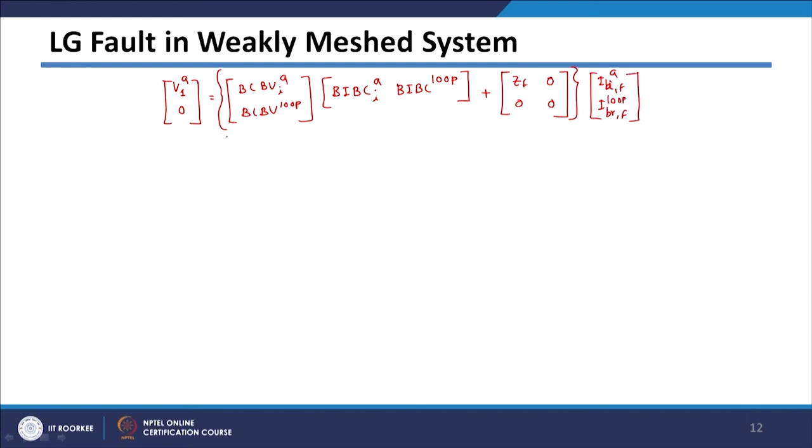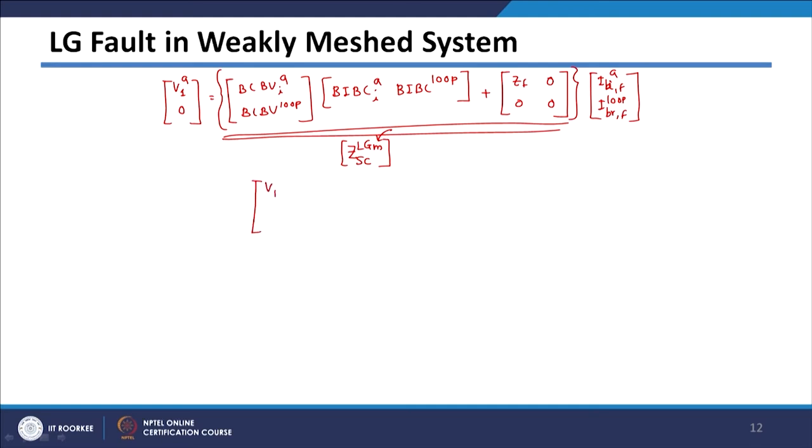I am calling this part of the matrix Z short circuit corresponding to LG fault in meshed system. So this particular part of the matrix will be called ZLG M, because it is actually a meshed network I am considering. So I can just represent it like this.